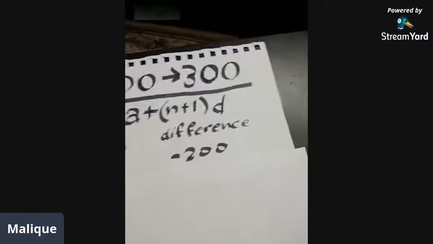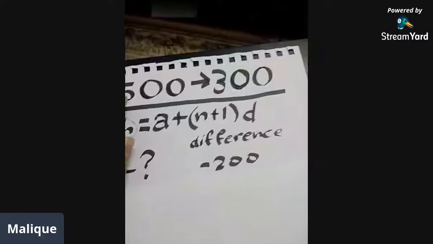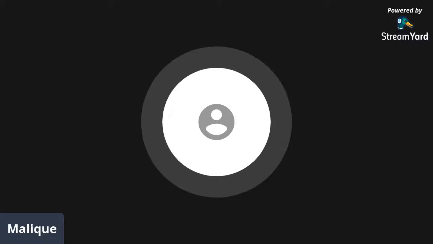First, we have to find out how many days it takes for Encik Suhaimi to go from 1,500 to 300. So using the given formula, we will end up with this.